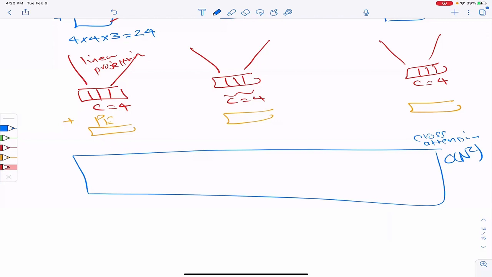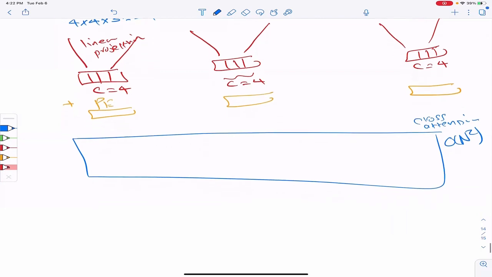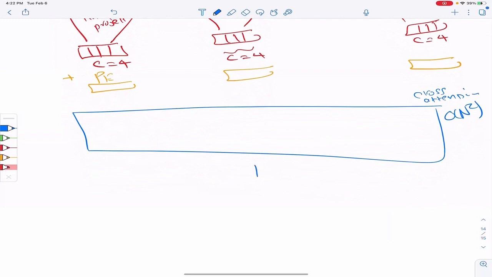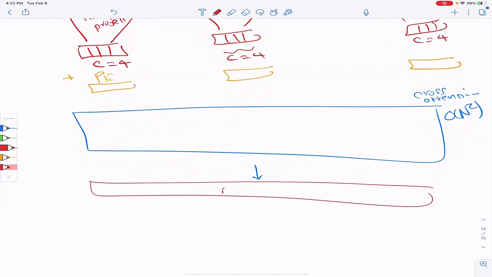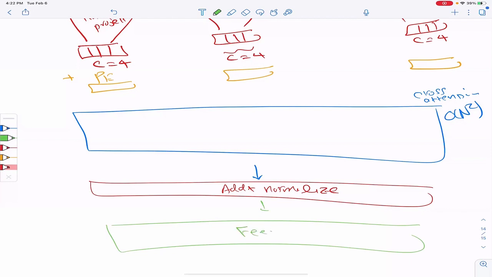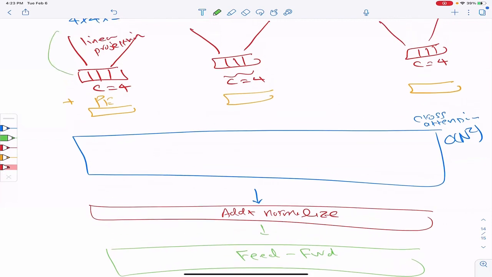Even though projecting to a smaller vector is good later on for my feed-forward network, because after this we have add and normalize, and then the feed-forward that is applied individually, this reduction is good for later, because we will have smaller vectors and therefore a smaller feed-forward network.